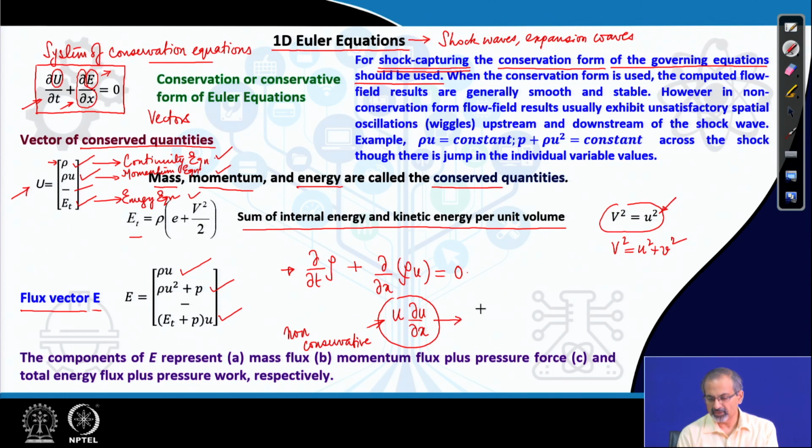What will be the corresponding expression for the conservative form? It will be del x operating on u square by 2, because if you do a del x of u square, that will give you 2 u del x, and then the half comes out, and therefore, you get back the same expression. But this is the non-conservative form, while the other one is a conservative form.